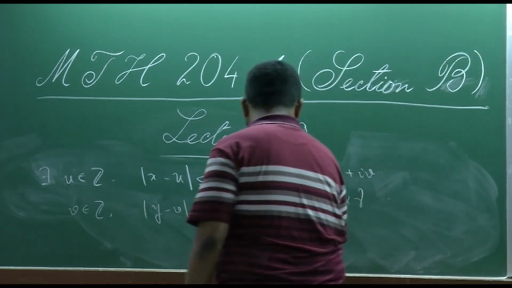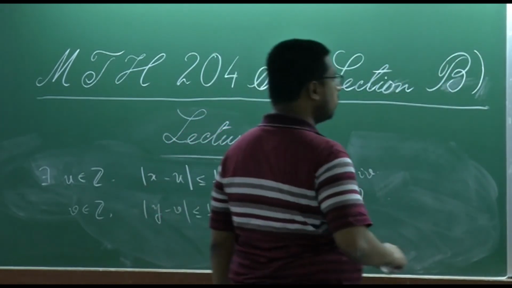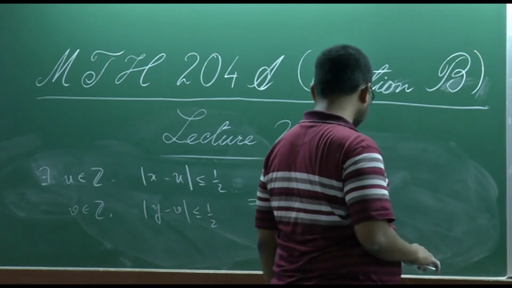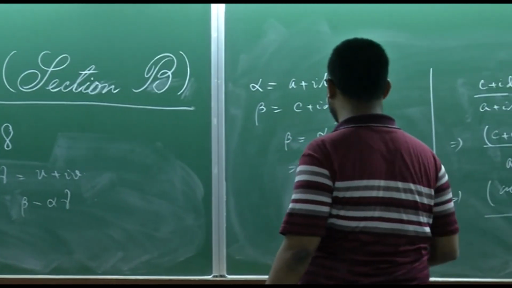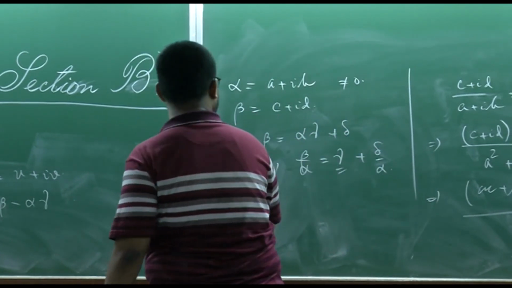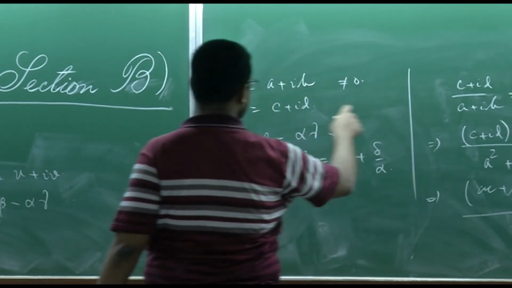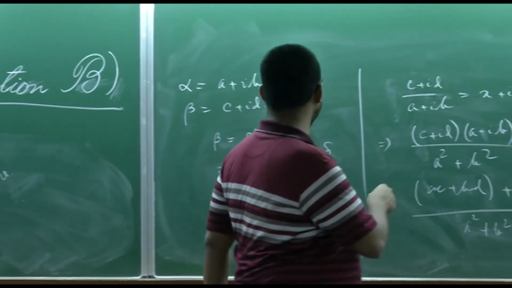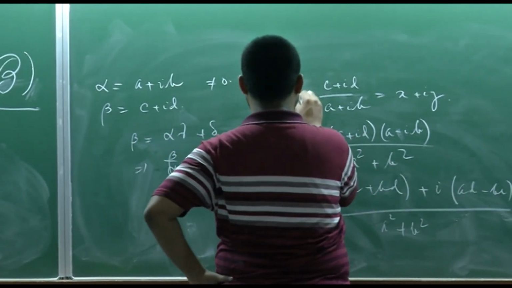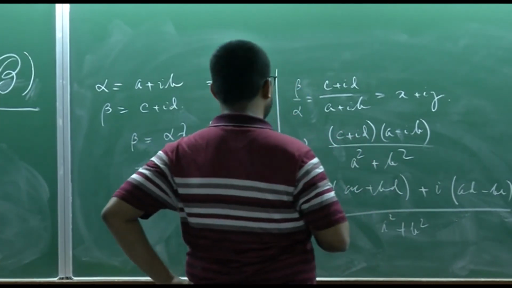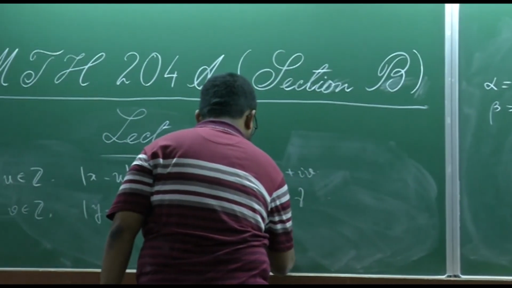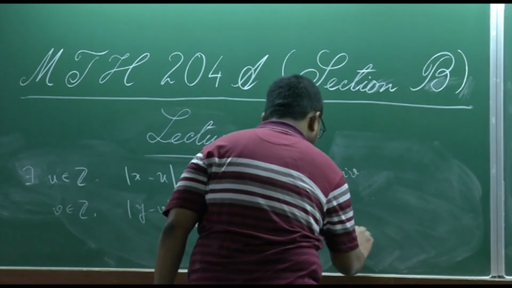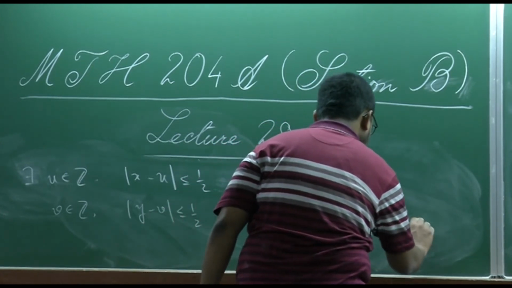So, what is this? Let me simply write it. So, this is beta by alpha, right. So, beta equals alpha times x plus i y minus alpha times u plus i v.